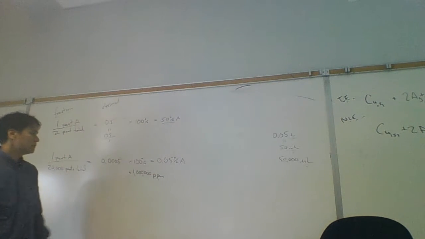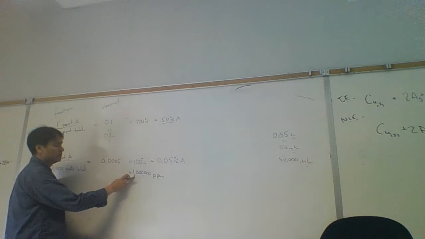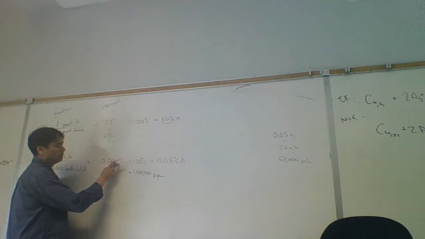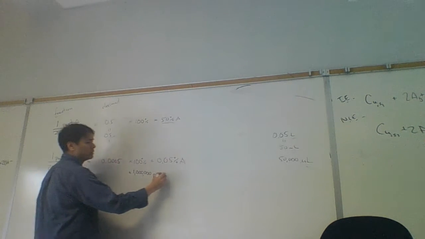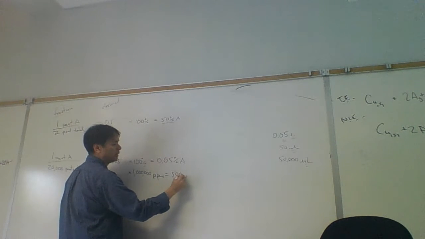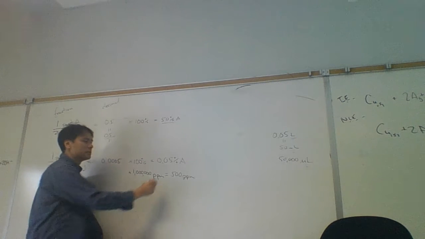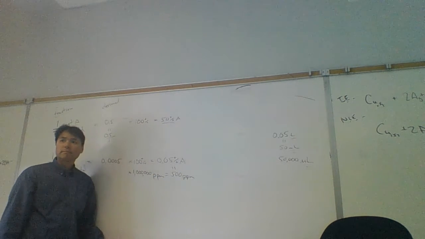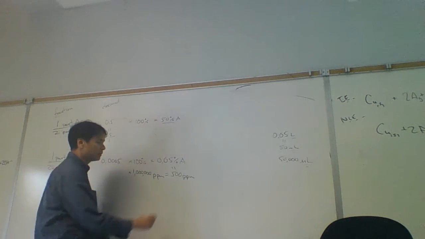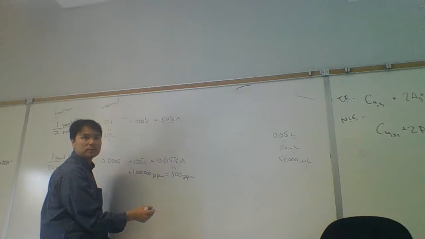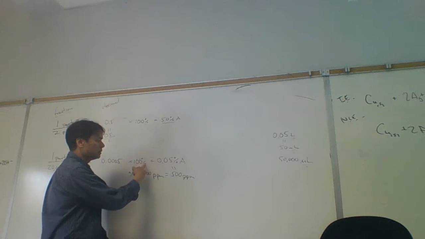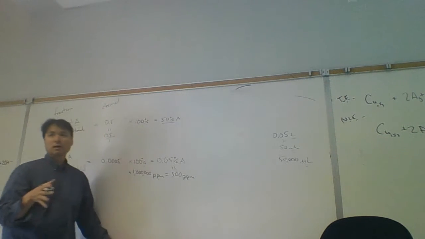So in terms of ppm, what would this be? Well, 1, 2, 3, 4, 5, 6. This comes out to 500 ppm. So 0.05% is the same thing as 500 parts per million. We probably don't want to go parts per billion because it would be 500,000 parts per billion, which is not as convenient. So we pick the unit depending on what the composition is.